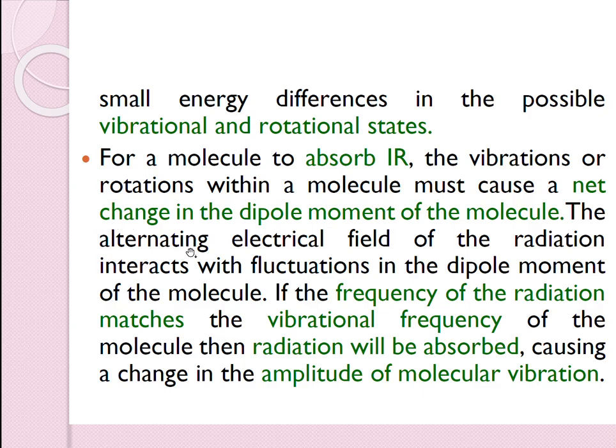The alternating electric field of the radiation interacts with the fluctuations in the dipole moment of the molecule. If the frequency of the radiation matches the vibrational frequency of the molecule, then radiation will be absorbed, causing a change in the amplitude of molecular vibration. So these theories are like those of spectrophotometry.